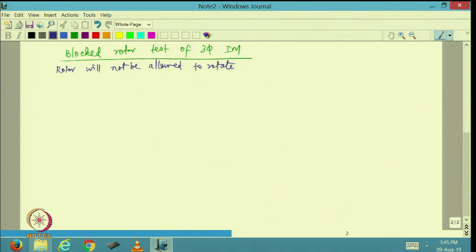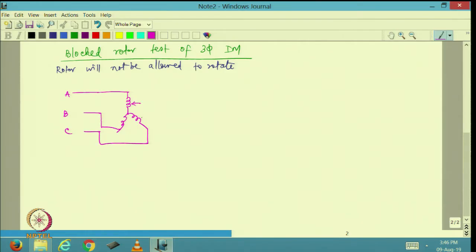When the rotor is blocked, let me first of all draw the circuit diagram corresponding to this. Let us say these are A, B and C phase inputs. I am going to have a 3-phase auto transformer here. So, I am going to connect the 3 phases here like this.